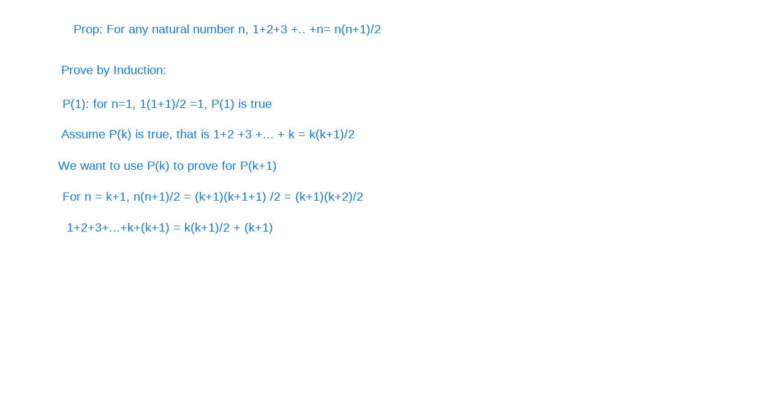So this left-hand side, I'm adding up 1 up to k plus 1. And I know by assumption P of k, 1 adds up to k is k times k plus 1 divided by 2. Now I'm adding the k plus 1 term to it. Well, let's simplify this.